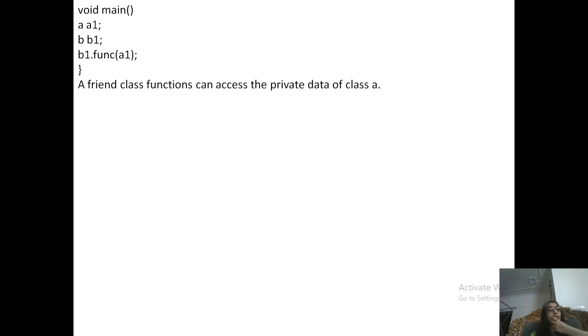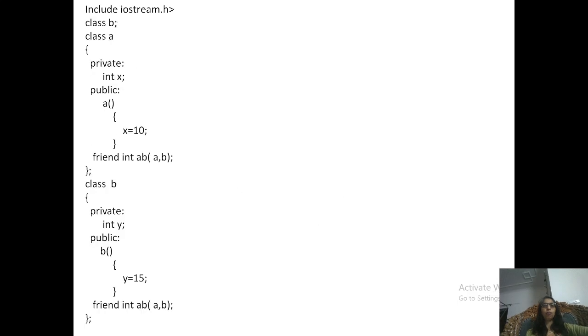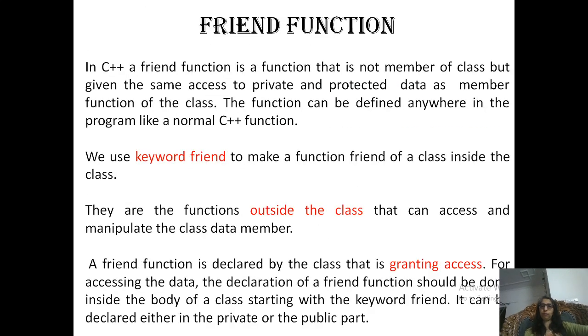So a friend class function can access the private data of class A. So this is the concept of friend class and friend function.